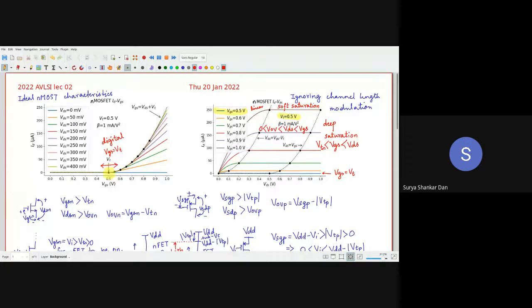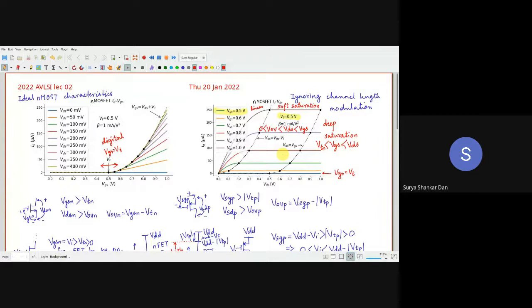Everything which you see over here, any of these characteristics can function as your digital IC design, because current is flowing, right? As I said, for digital IC design it doesn't matter what the exact value of VGS is, because we are only concerned about whether current is flowing or not.